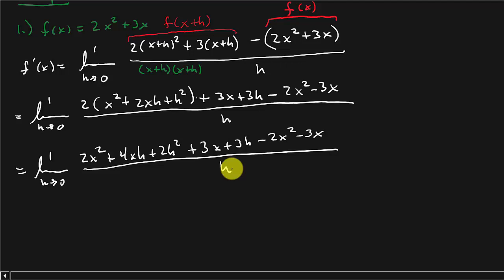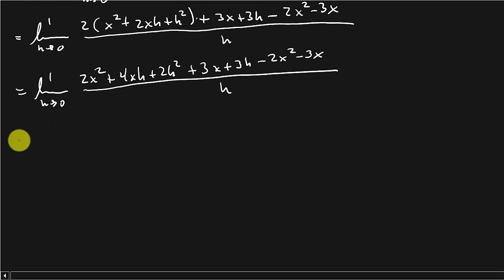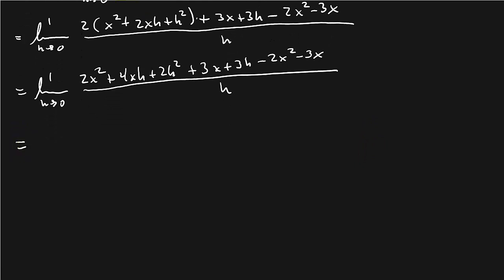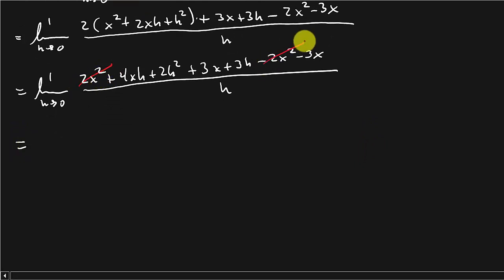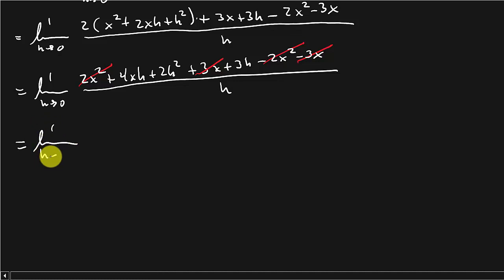And now all we're going to do is combine like terms. So look at this. The 2x squareds cancel out. The 3x's cancel out.